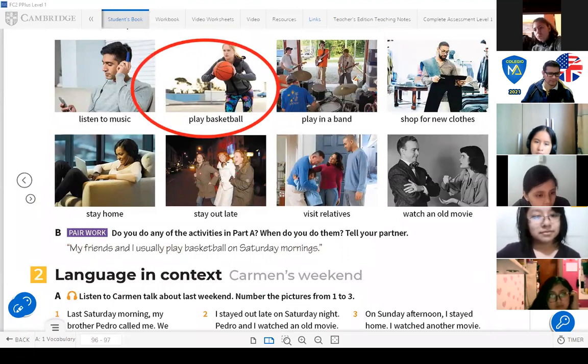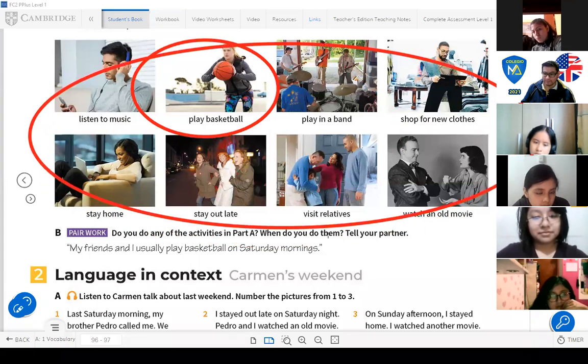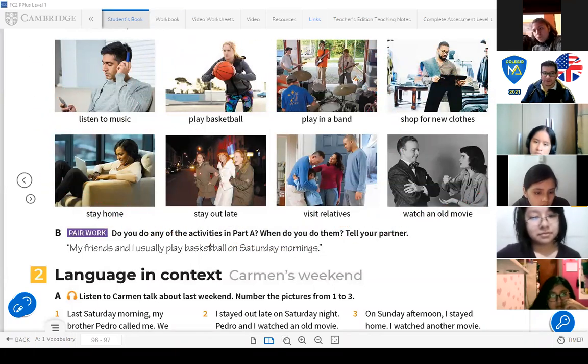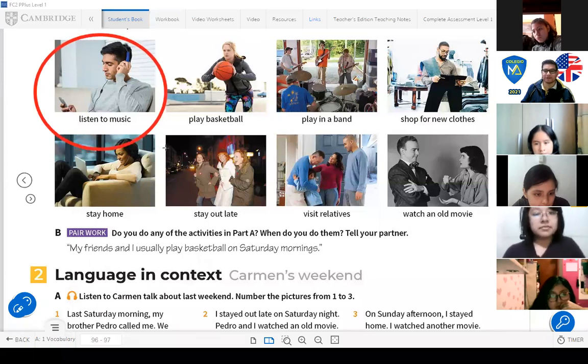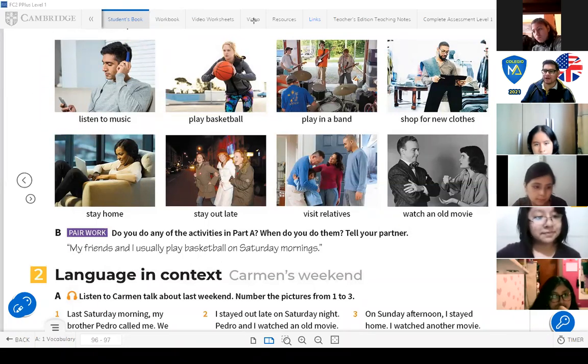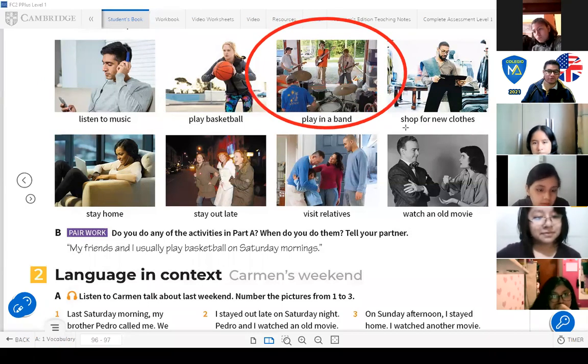Utilizamos estas actividades, chicos, para indicar si usualmente realizas alguna de estas activities. Entonces, for example, I can say, I always listen to music. Or you can say, my friends and I usually play in the band on Saturdays, etc.